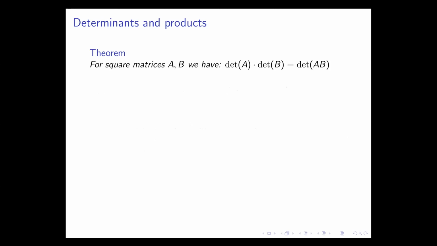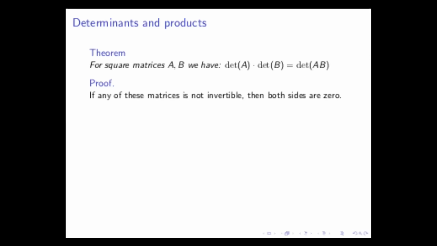Now, another theorem about determinants and products. For square matrices A and B, the determinant of the product is equal to the product of the determinants. If either of these matrices is not invertible, then both sides are 0, because the determinant of a non-invertible matrix is 0.